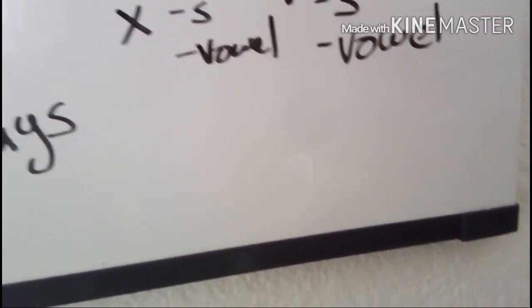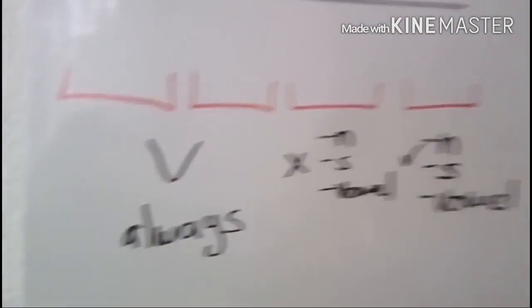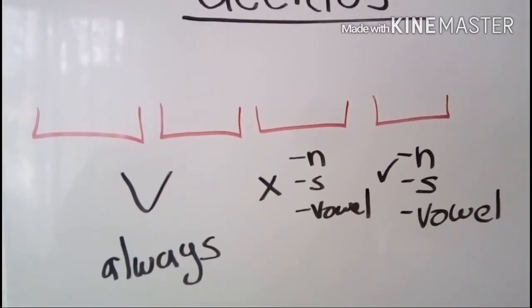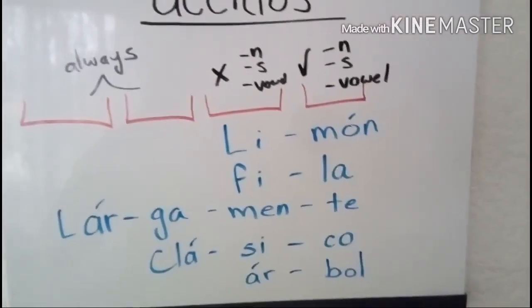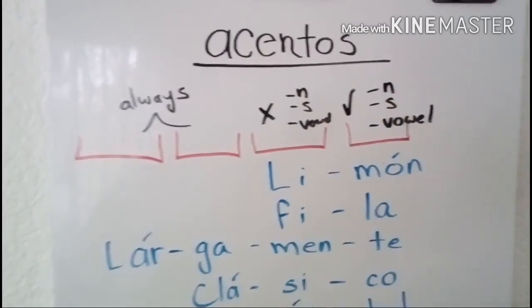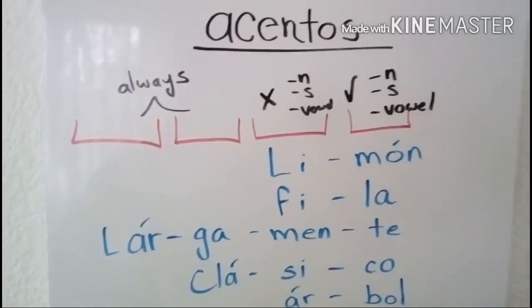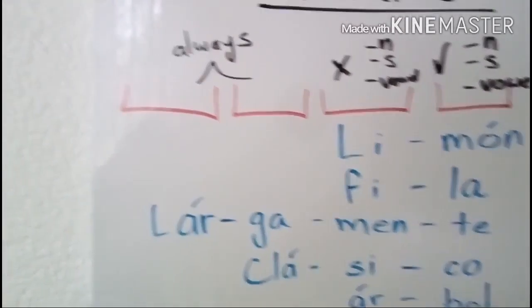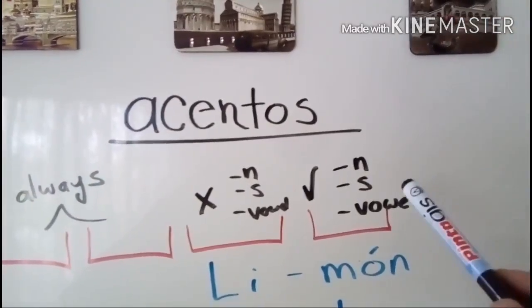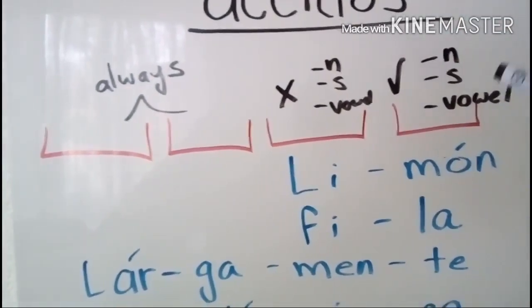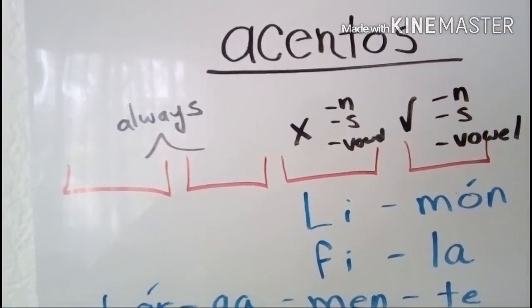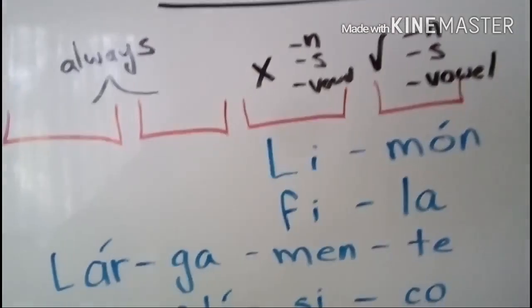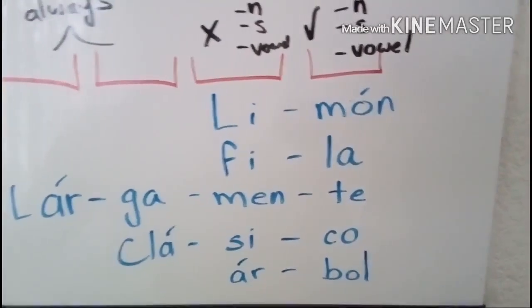So I will write down some examples so you can understand this rule. These are the words that I wrote down on this whiteboard, just to understand the rule. So remember, when the word ends with N, S, or a vowel, and also the stressed syllable is here, we will have an accent.